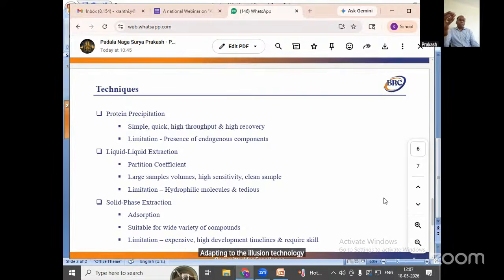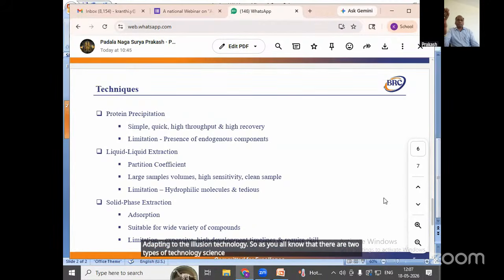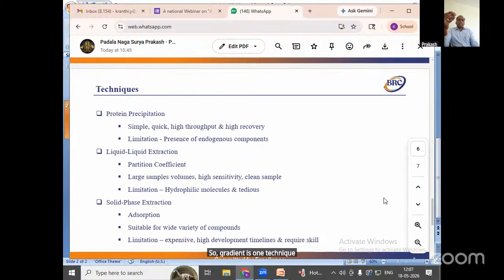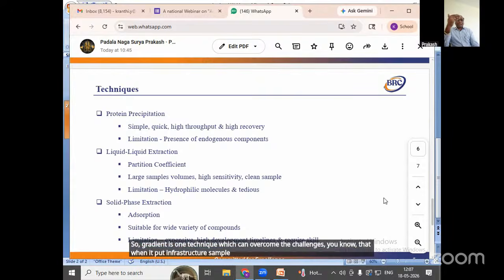As you all know, there are two types of technologies, isocratic and gradient. So gradient is one technique which can overcome the challenges when a protein precipitated sample is analyzed by the isocratic method.